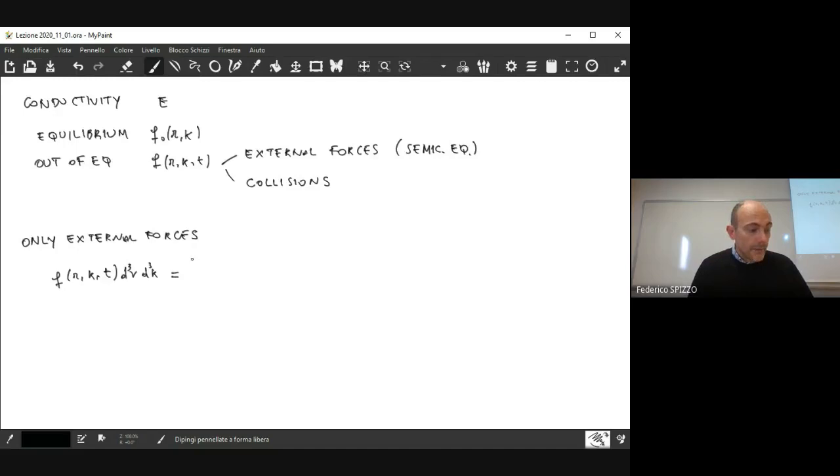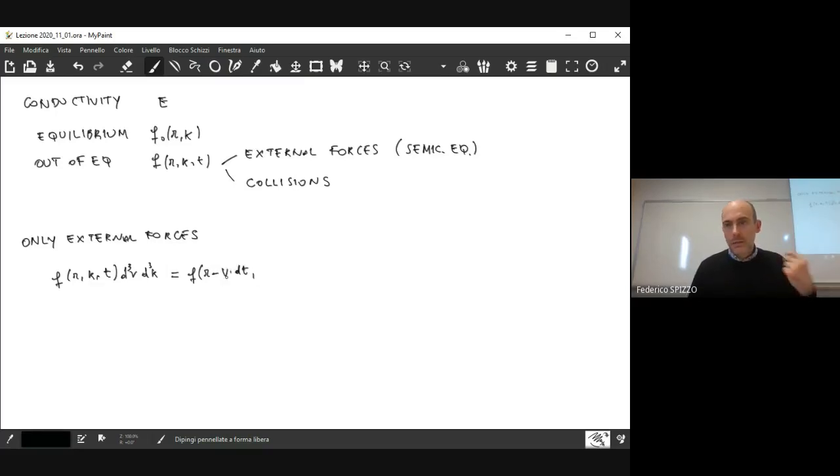Let's say, if we just follow the contribution of the dynamics, so no collisions, just the contribution of the external forces, we may use the equation of motion to find the evolution of R. And if one particle now is in position R, this means that if we move in the past using a small variation of time that is dt, the electron that was initially in position R, if we consider not time t, but t minus dt, was in minus v times dt.